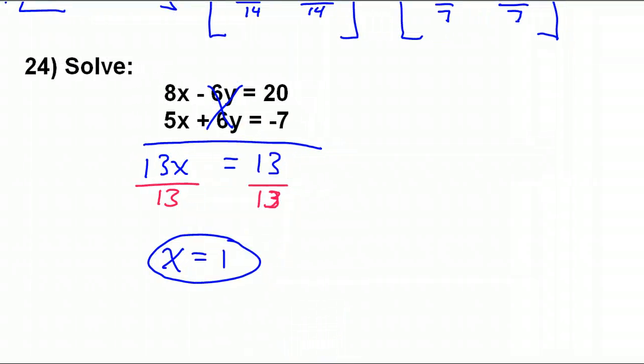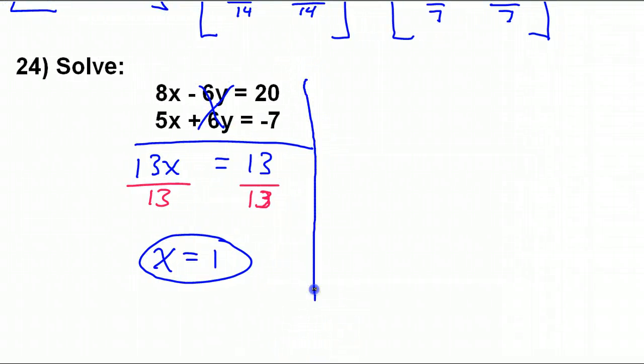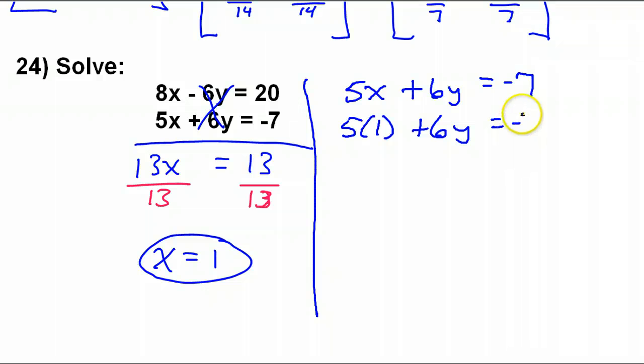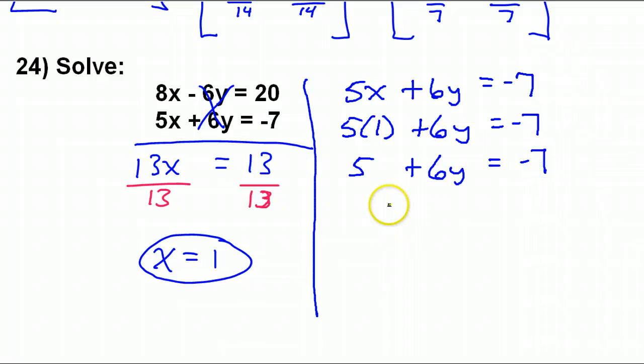Now we still need to find y, so I'll just put a line. I'm just going to use the bottom equation, so that'll be 5x plus 6y is equal to negative 7. If x is equal to 1, then that'll give me 5 times 1 plus 6y is equal to negative 7. So 5 plus 6y is equal to negative 7.